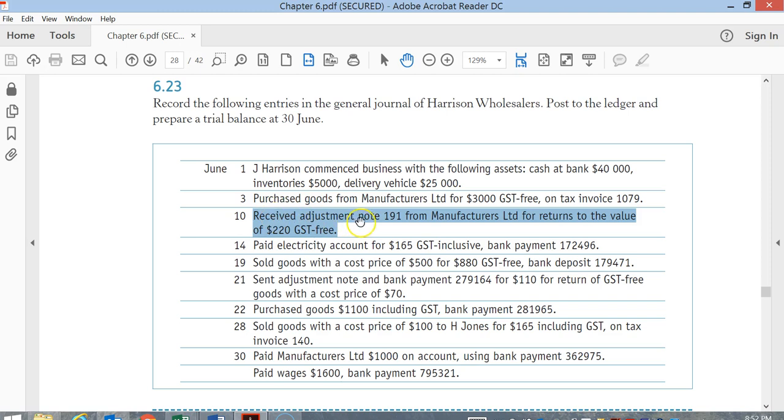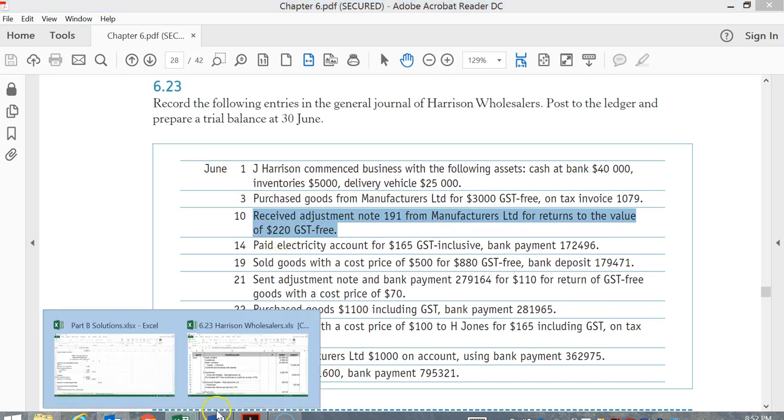so we've decided to send it back. So we've received an adjustment note from Manufacturers Limited for returns to the value of $220, still GST free. Okay, so we reverse that journal entry. Accounts payable Manufacturers Limited, they're going to reduce the amount of money that we owe them, so therefore that's a debit to accounts payable Manufacturers Limited, and we're going to reduce our inventory asset, so that becomes a credit for $220.